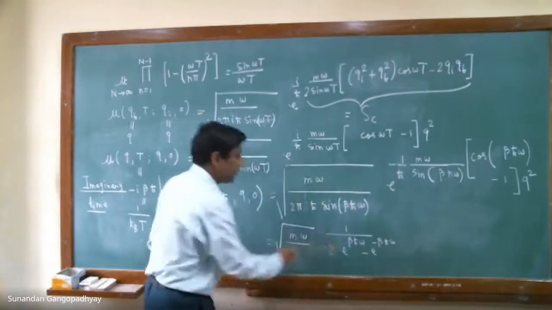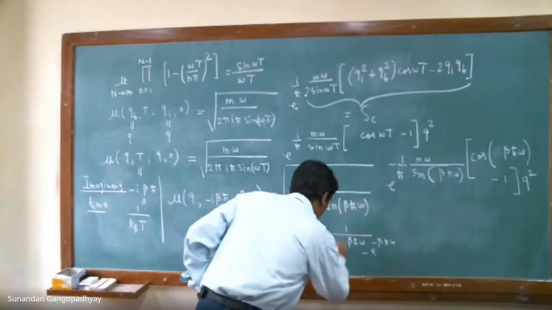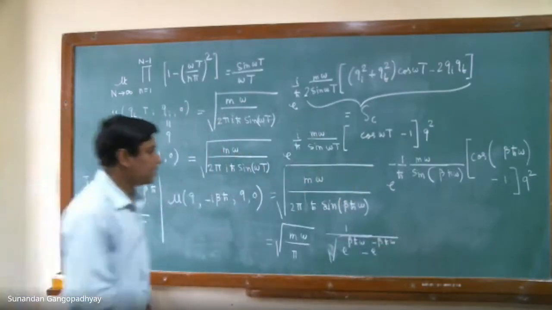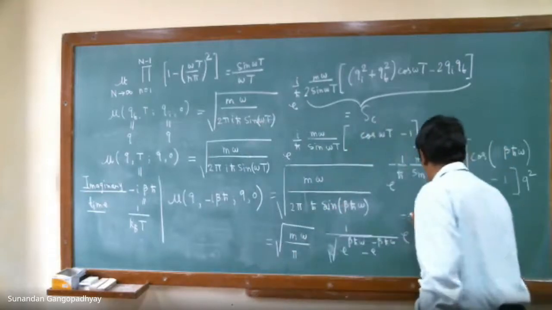So this 2 will cancel, and you will have a square root. We have a square root here. And similarly, you do the same thing here also.